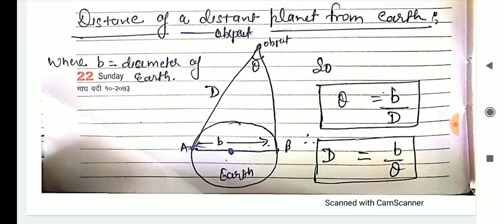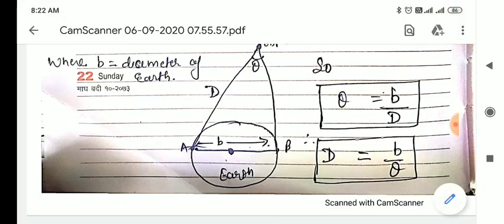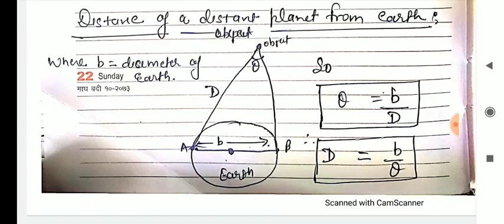So angle will be equal to the arc upon radius. The arc will be the basis, and the radius will be the distance of the planet from the Earth. So theta will be equal to b upon D.